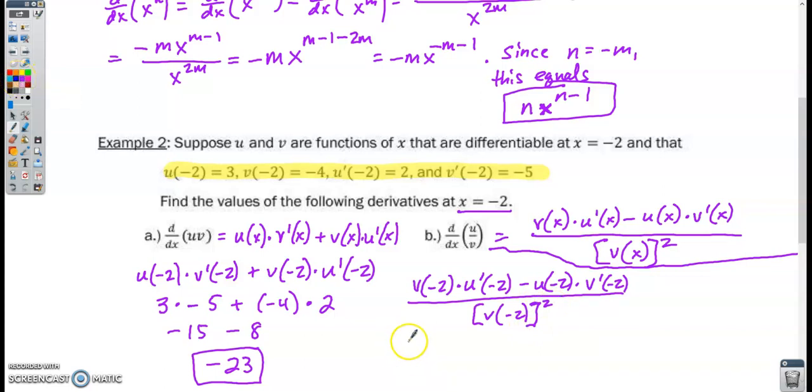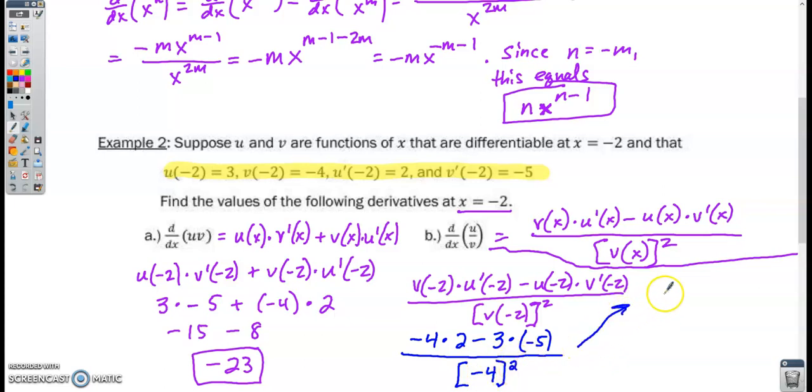We've got v of negative 2, which is negative 4, times u prime of negative 2, which is 2, minus u of negative 2, which is 3, times v prime of negative 2, which is negative 5, all over v of negative 2, which is negative 4, the quantity squared. That equals negative 8 plus 15 all over 16. So 7 over 16 is the value of the derivative of u over v at x equals negative 2.